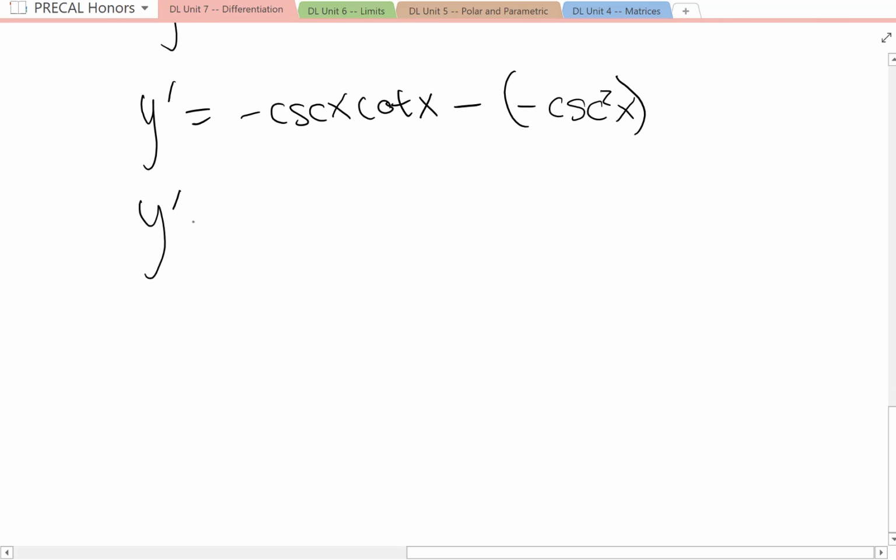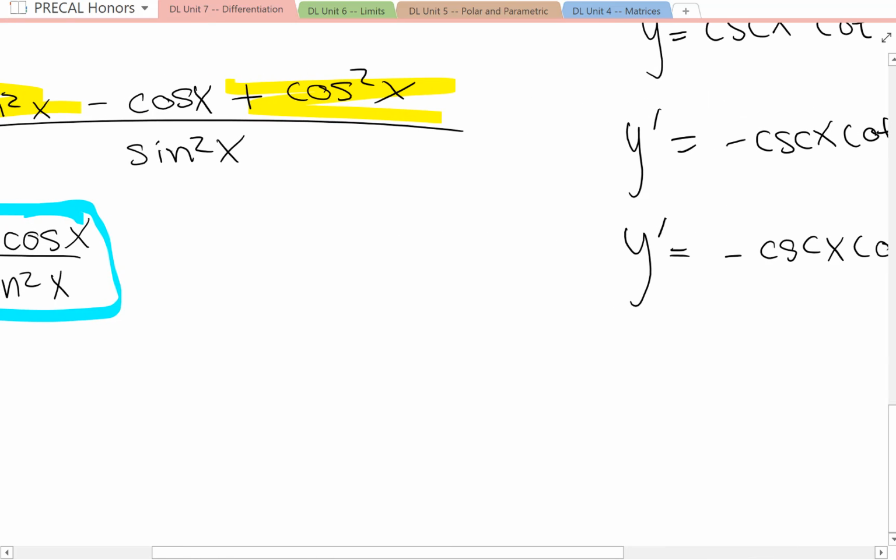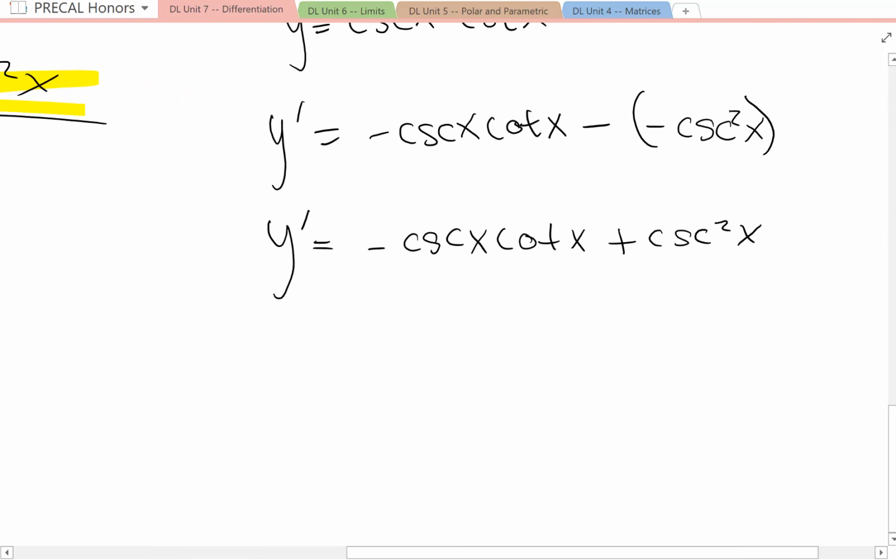And now we'll simplify. Negative cosecant x cotangent x plus cosecant squared x. Wow, that was a lot fewer steps than we had to do over here.